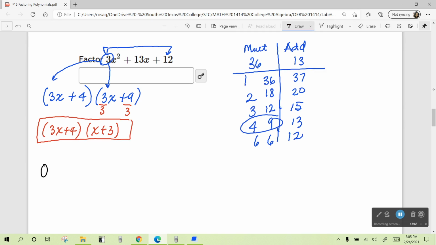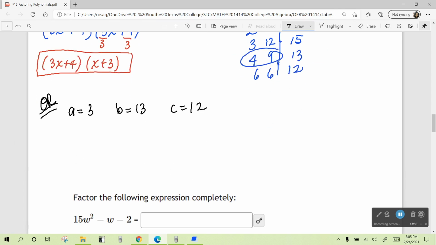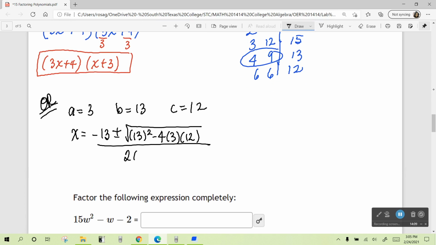Now, if you were to do it with a quadratic, you would do a equals 3, b equals 13, c equals 12. So x equals -13, like that.